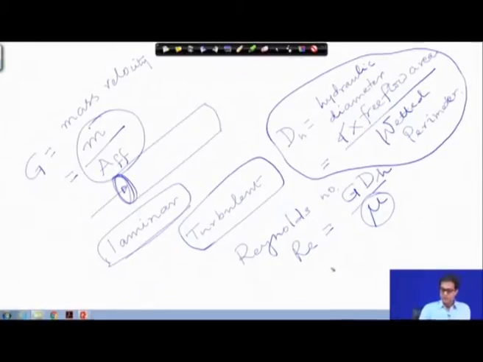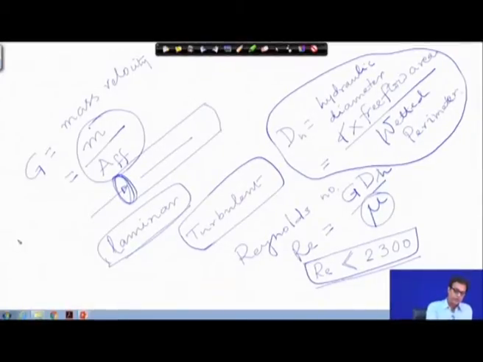So, if this Reynolds number is less than 2300, then for a smooth circular pipe, we assume that the flow is laminar. So, for laminar flow through this circular tube, the friction factor will be given by 64 by Re, where Re is the Reynolds number. And why do we need this friction factor?